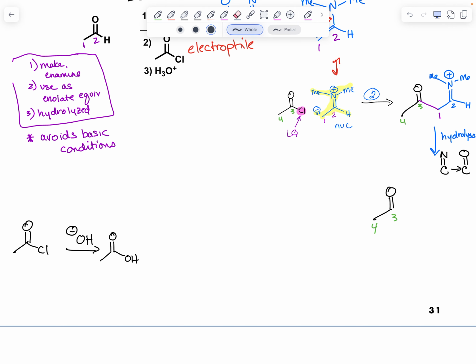And we get our Michael addition product, which is, as always, a 1,5 dicarbonyl. So if I put in my numbers, 1, 2, 3, 4, 5, back to 6, the 1,5 dicarbonyl.